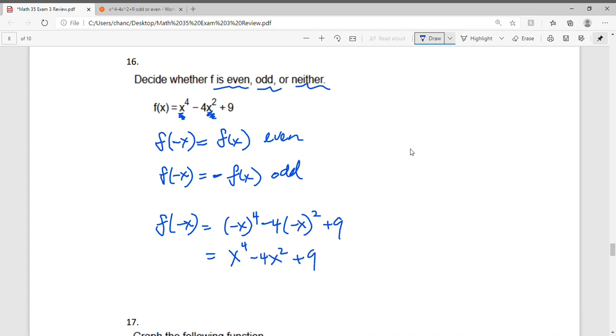Now, if you look at our original function, we have f of x equals x to the fourth minus 4x squared plus 9, and that's what this is equal to. So we just proved f of -x is equal to f of x. Therefore, this is an even function.